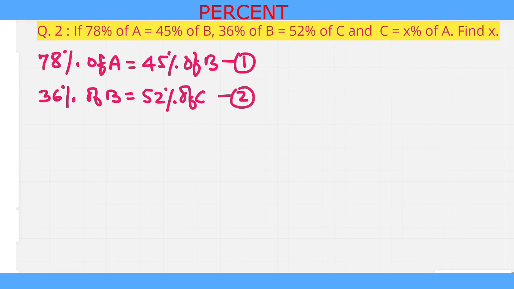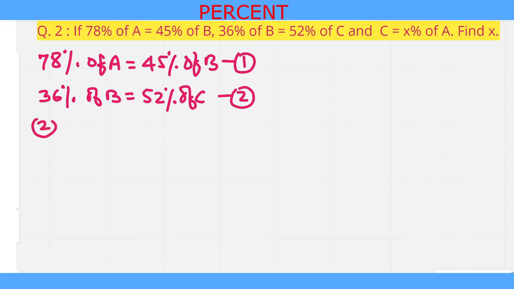The second part is 36% of B equal to 52% of C. Now we have to make 36 as 45 to eliminate B from 1 and 2. If we divide second equation by 4 and multiply it by 5, then 36 becomes 45.